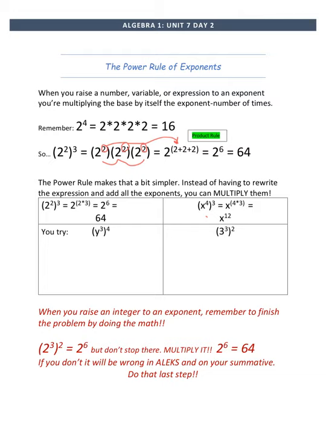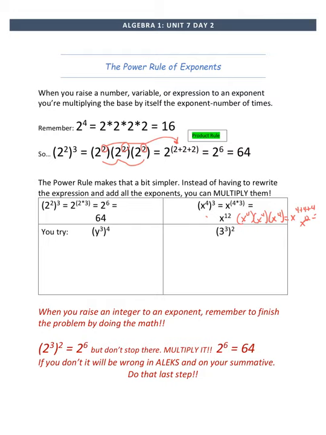So the power rule is a shorter way because you could say x to the 4 times x to the 4 times x to the 4 equals x to the 4 plus 4 plus 4 equals x to the 12. That takes up more space. The power rule is just the shorter version of that.